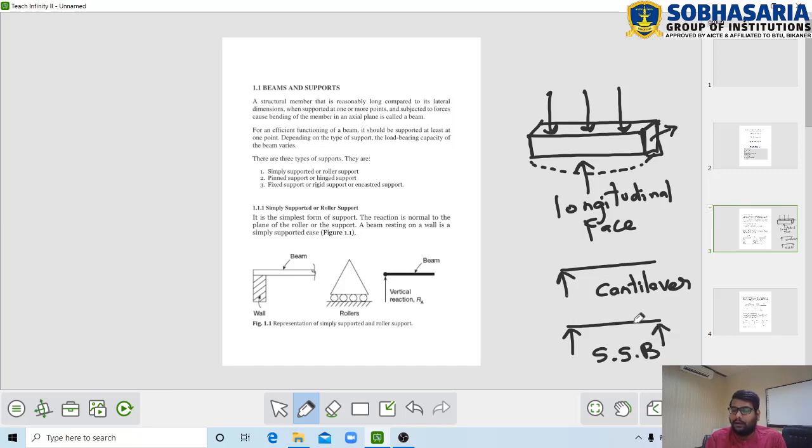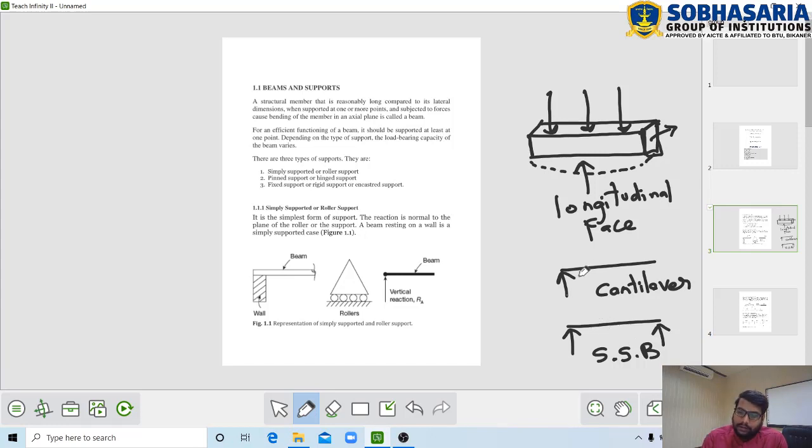Example, a simple slab is resting on the beam, and the support is either a concrete column or a brick wall. So, we can say that the beam is just supported by the column or the brick wall built below as a column.